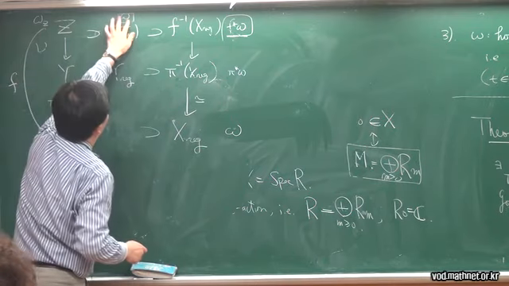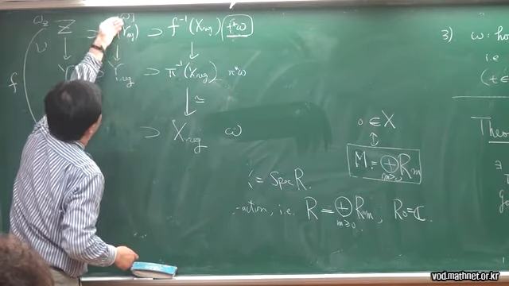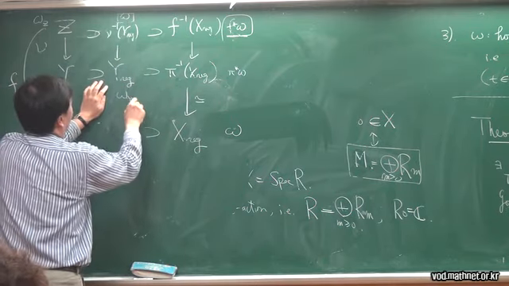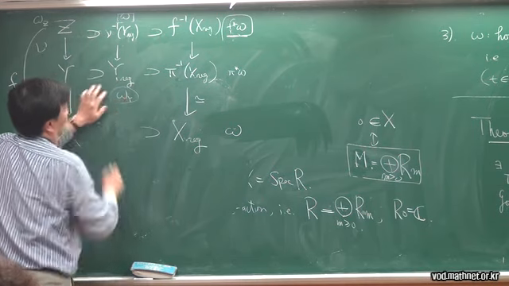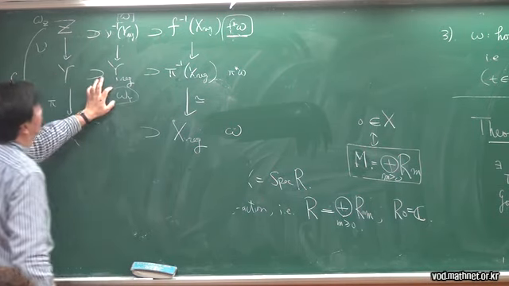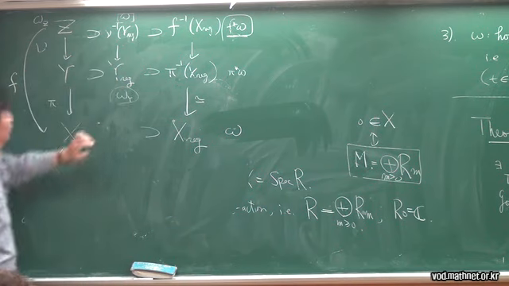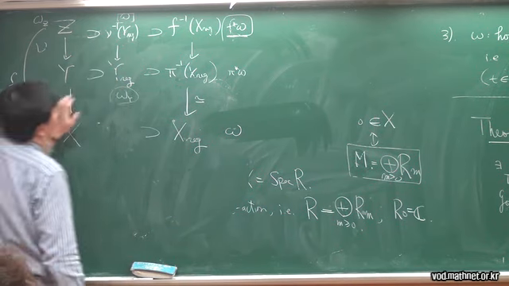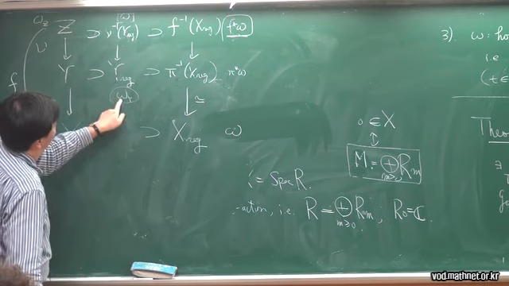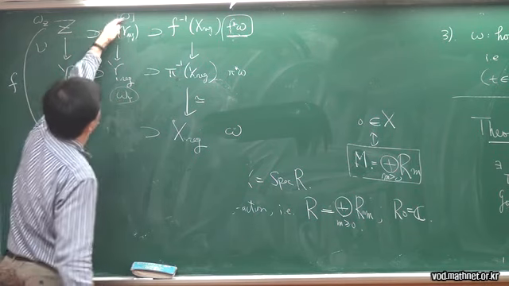So the omega is pushed forward to some symplectic form on the regular part of Y. Yes. But omega Y is pulled back to omega.